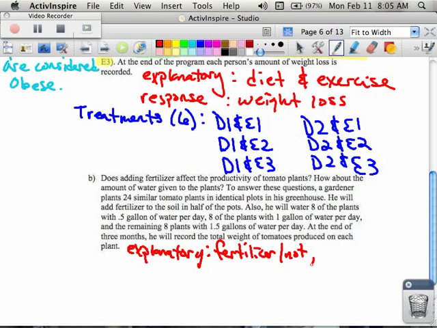And then, what was the other thing that was going on? Water, thank you. The water. And then the response is the weight of the tomato plants.